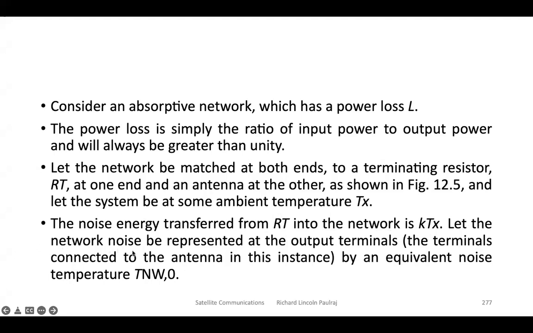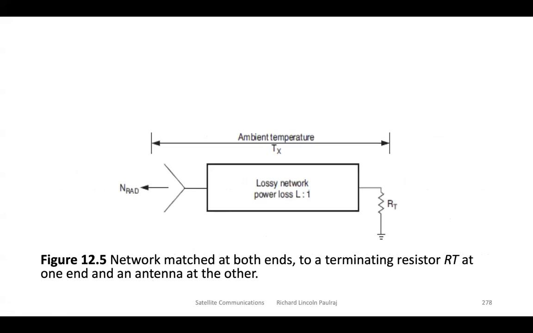The network noise is represented at the output terminals, and the terminals connected to the antenna, by an equivalent noise temperature Tn. Tx is your ambient temperature, some random temperature we are assuming, and this is the radiated noise, and this is the matched resistor.